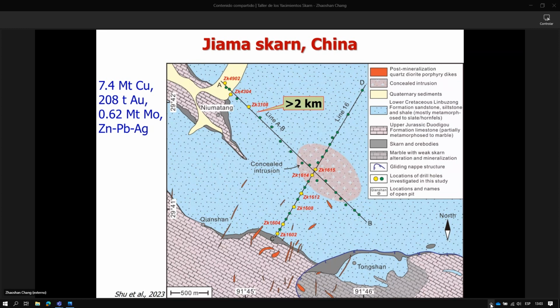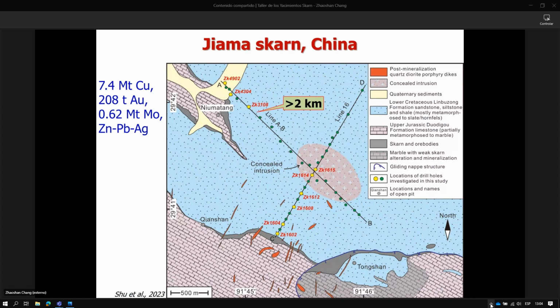The skarns are below the surface at the contact between the limestone and the shale, and the skarn continues all the way down to the causing intrusion. If we look at the boundary from here to just here, that's already 2 kilometers. Some of the skarn continues further out.